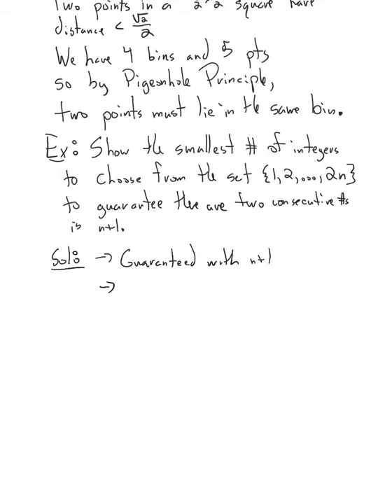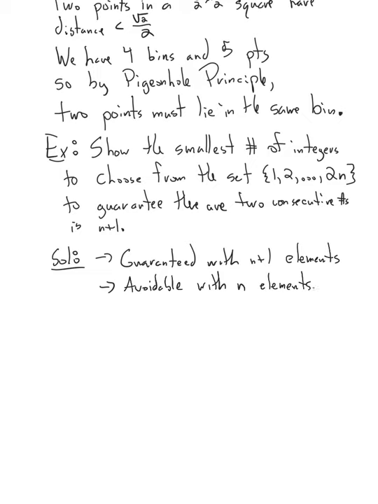And we also need to show that you can't do it, or you're able to avoid it, not that you always can't do it, but it is avoidable or not guaranteed with any less. So n elements. Maybe I'll write elements here.